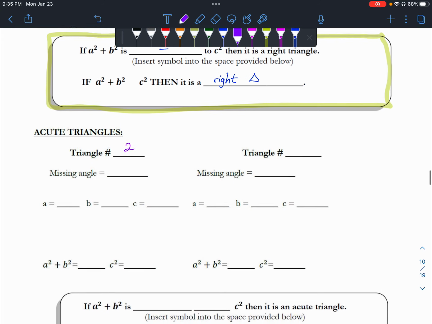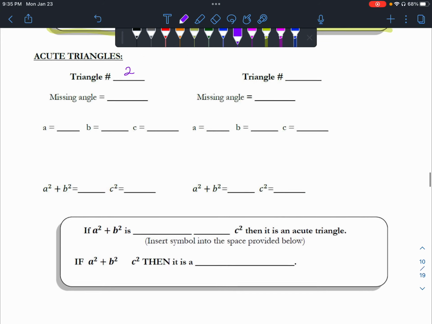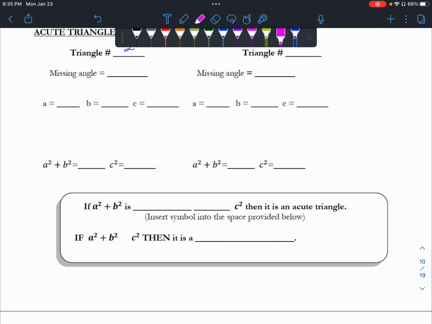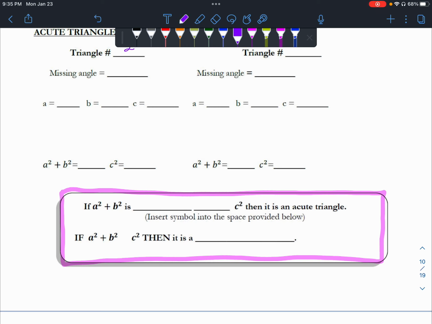We ran through here and found all these values, and the big takeaway was this piece of information, which states that if I end up with values where a squared plus b squared is greater than the c squared value, then we knew this was an acute triangle.